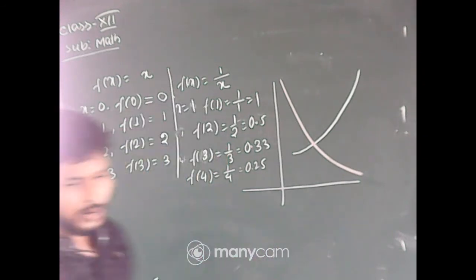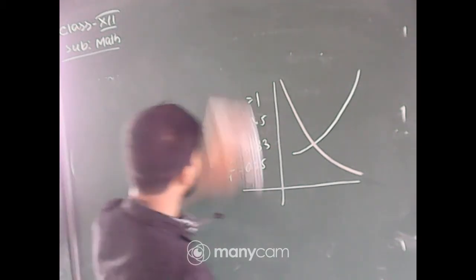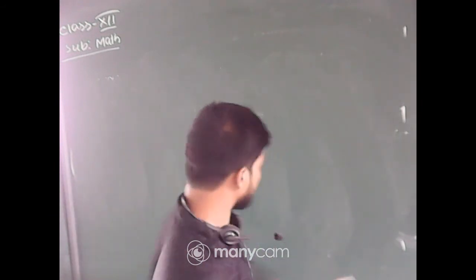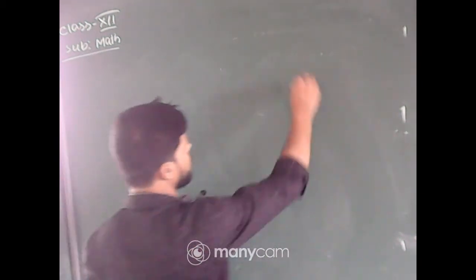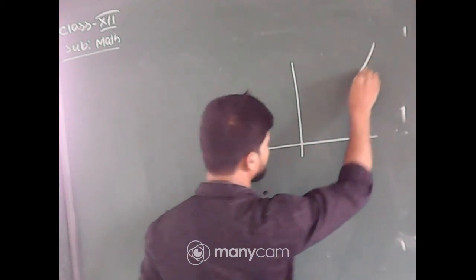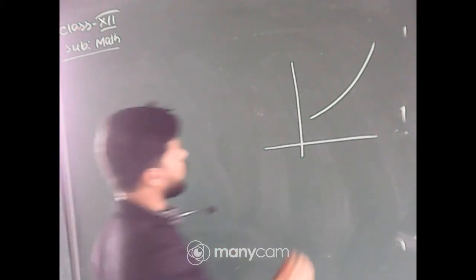Okay, now we will give you the mathematical definitions of an increasing function and decreasing function, and how to check whether a function is an increasing function or a decreasing function. Okay, so let us consider an increasing function. Take 2 points here.